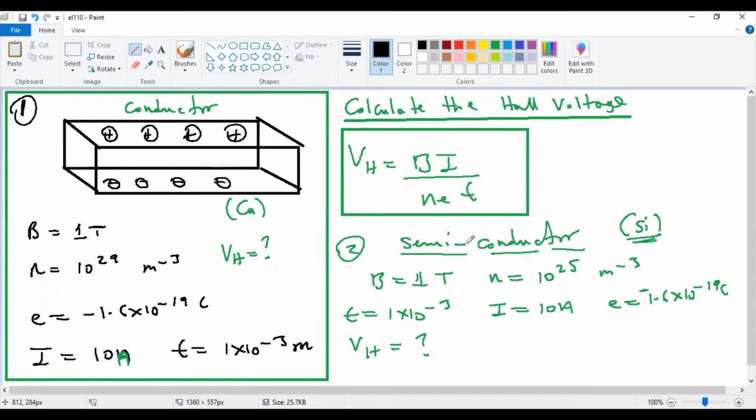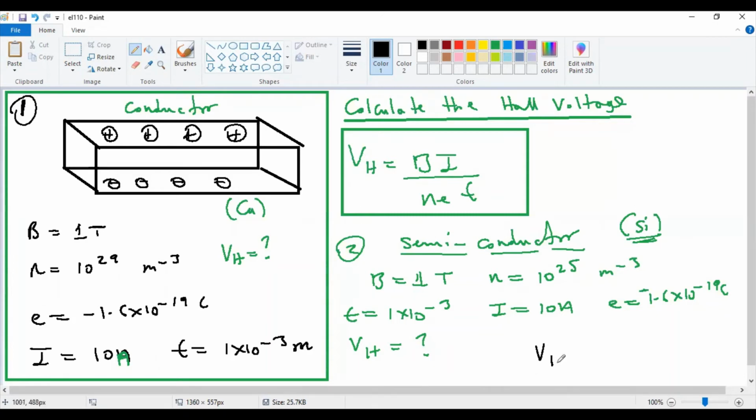But secondly, for a semiconductor, and we're going to be talking about semiconductors very shortly, what we notice is that the magnetic flux density being the same, the number of charge carriers is much, much less, 10^4 less. The thickness and current are the same, but you will notice that there will be a difference. If the number of charge carriers were to change, your Hall voltage will also change.